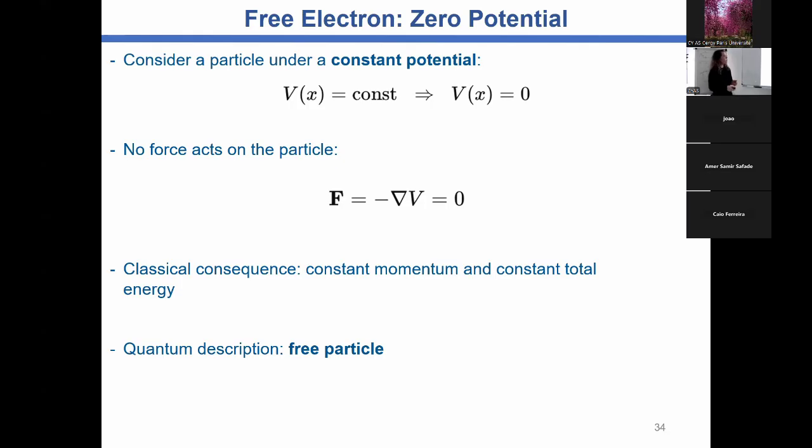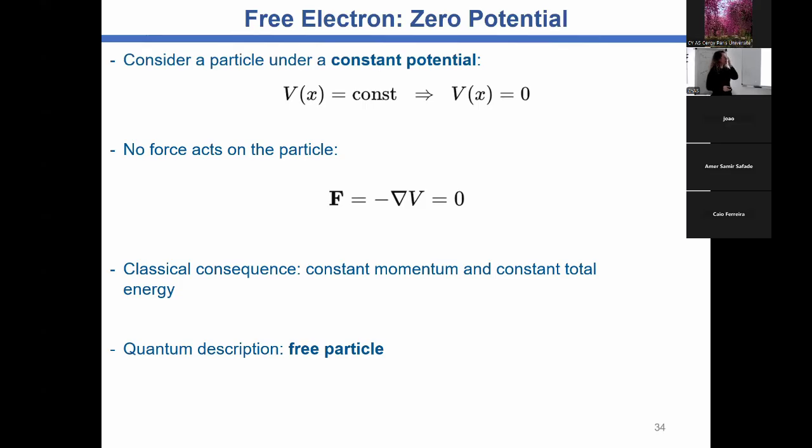So consider an electron in a system that has no potential, so the electron goes freely through space, and the potential energy is 0 in terms of position because it's constant.